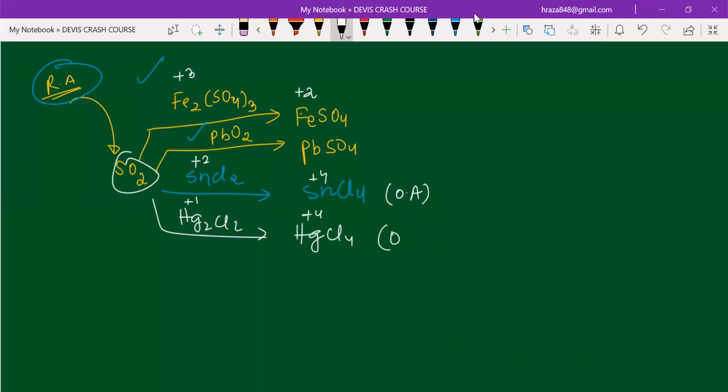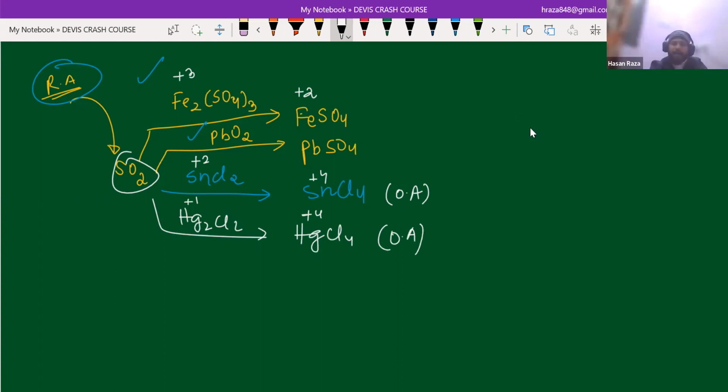Always remember that every element has a lower oxidation state and a higher oxidation state. If it is in a lower oxidation state, it wants to go to a higher oxidation state. If it goes to a higher oxidation state, the element is oxidized, which means the substance it is reacting with will be reduced.